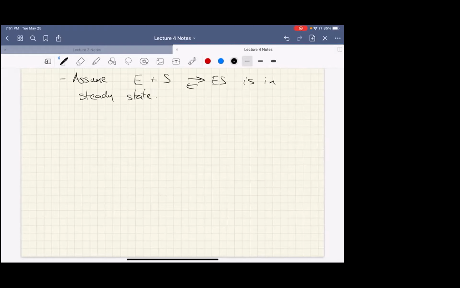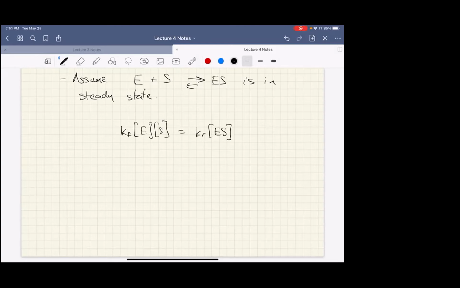Now, we already established what that means when we solved the last set of equations. Now we can't go for the eigenvalues here because it's nonlinear. But what we can say is that the forward rate going this way has to be the same as the backward rate going this way. The forward rate is Kf ES, and the backward rate is Kr of the product E and S.